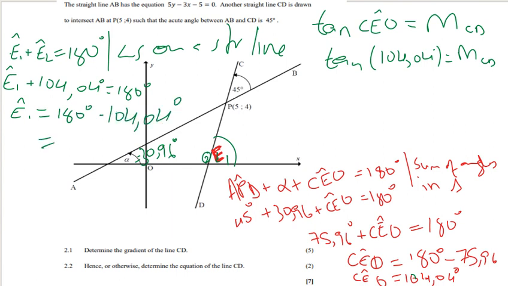Punch your calculator and find out what that is, and that is 75.96. We found this angle before, I remember. So this is not equal to this here. Let's put it there.